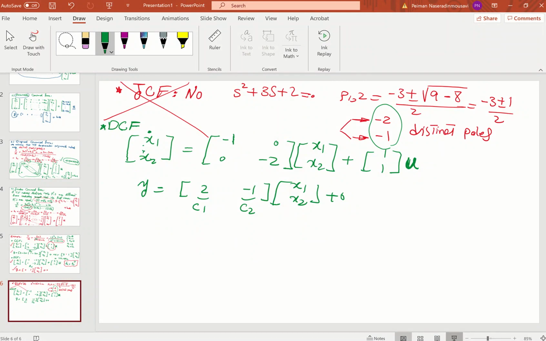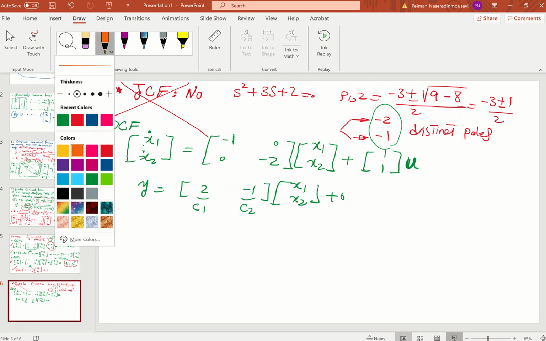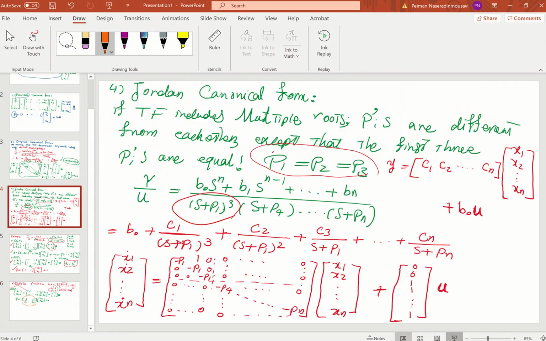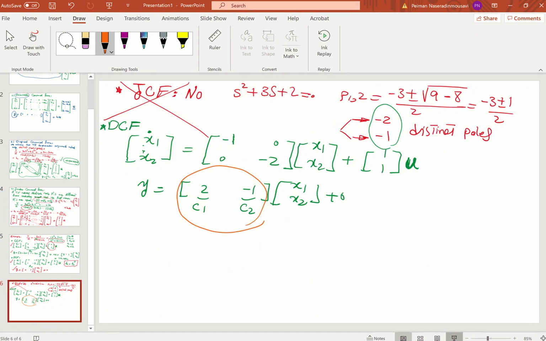Understand? So please derive this as homework. Do it based on this formula. Understand?